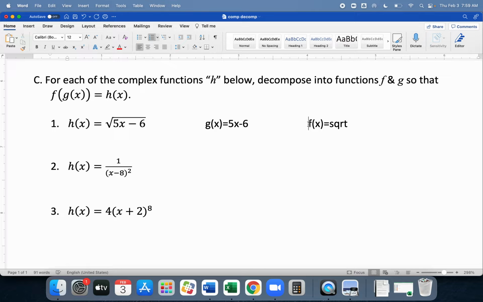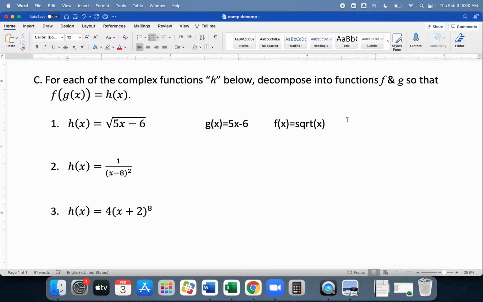If I want f of g of x to end up being this, f of x should be the square root of what? Square root of x. Yeah, square root of x. So that if I do f of g of x, this 5x minus 6 gets plunked down in place of that x. So if I have these two, this would make h of x as seen if I do f of g of x.